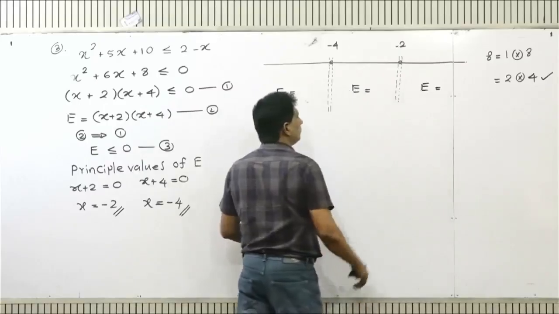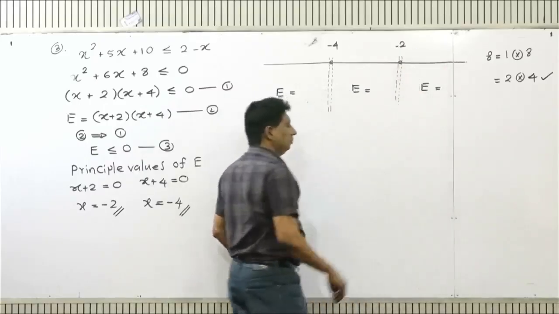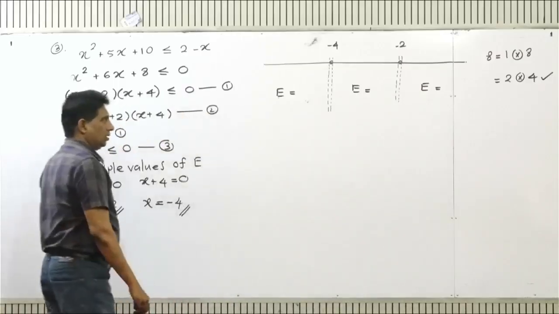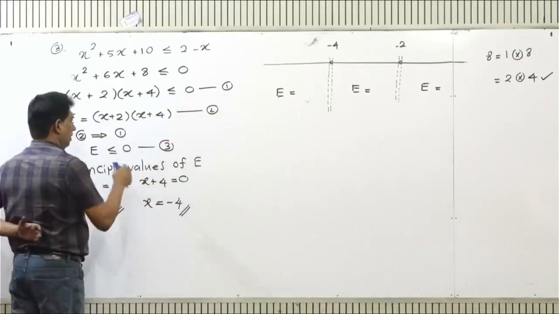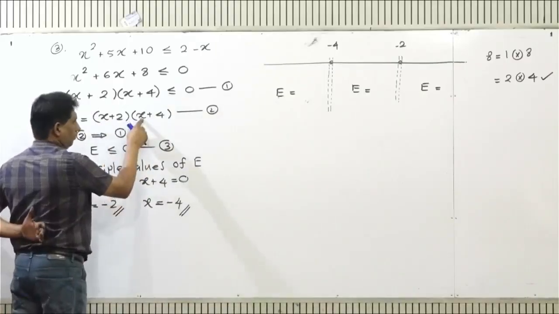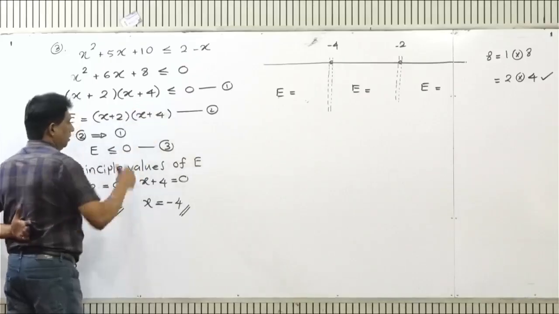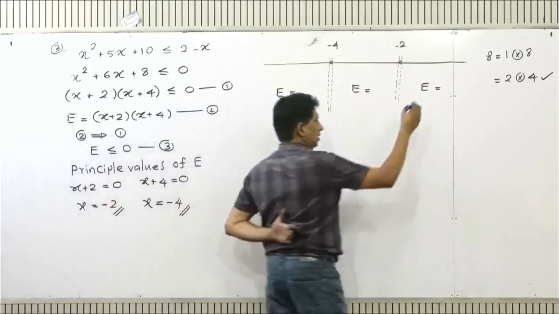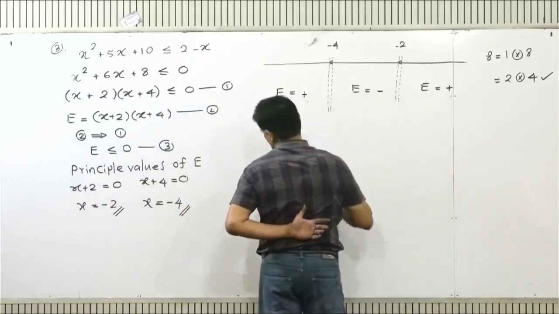Right? In this area, the values of x are greater than minus 2: minus 1, 0, positive 1, like that. Any value you can substitute here. If we substitute 0, we get positive 2, positive 4, that means the sign of E is positive in this area. Then this area negative, this area positive.